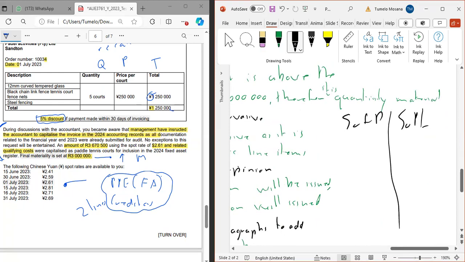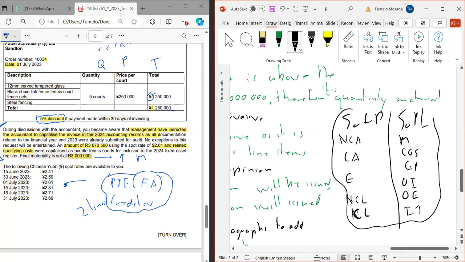The statement of P&L must affect your revenue, cost of sales, gross profit, operating income, other income, other expenses, and income tax. With your statement of financial position, it must affect your non-current assets, current assets, equity, non-current liabilities, and current liabilities. Then it is pervasive if it affects everything here.